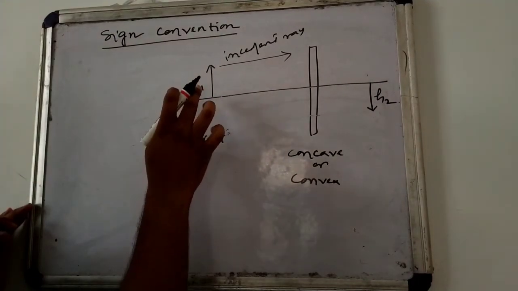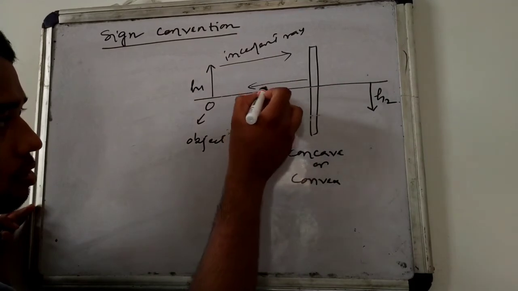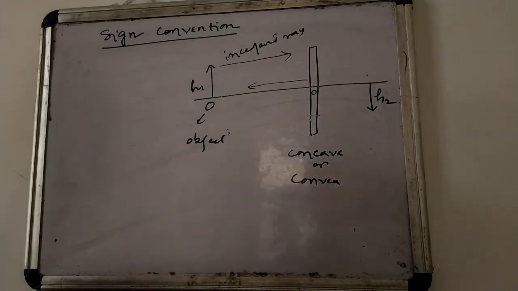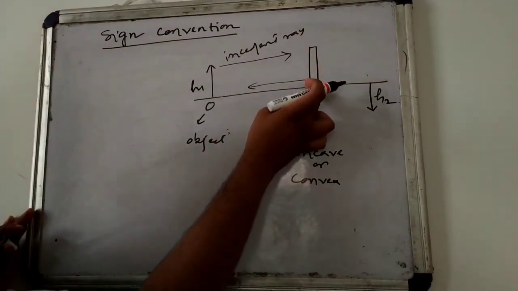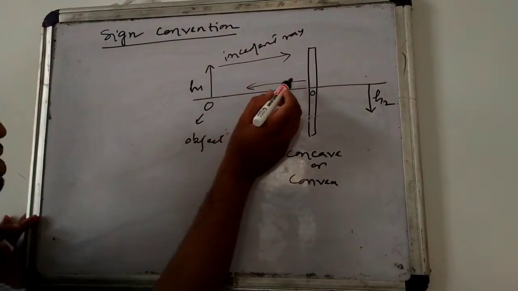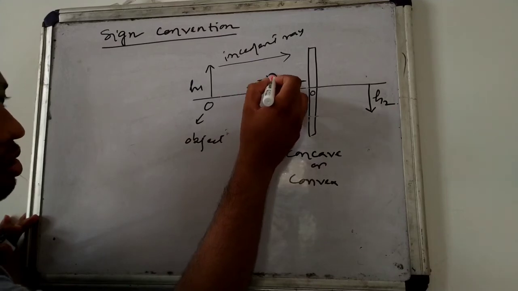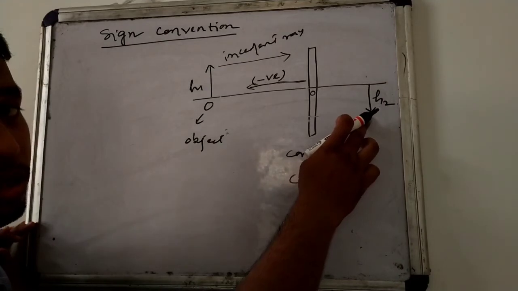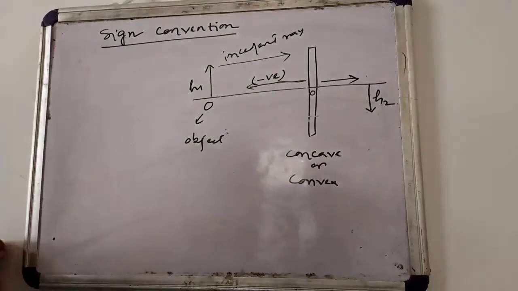Now to measure the distance of the object, we have to follow this direction. This will be our optical center, because in measuring any distance we have to start from optical center only. So to measure the distance of the object, we have to start from the optical center and move towards the object. This direction is opposite to the direction of incident ray, so that's why this distance will be negative. Now to measure the image distance, we have to start from the optical center and move along this way.